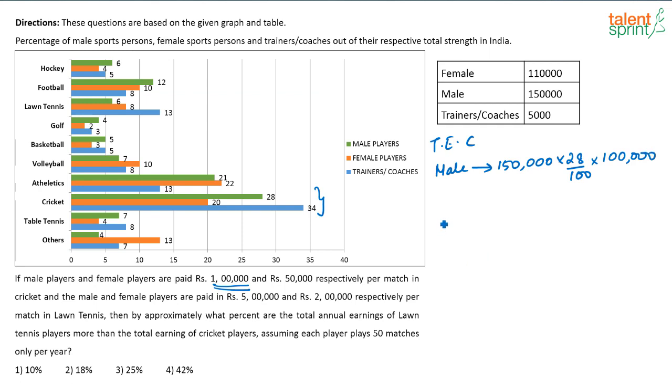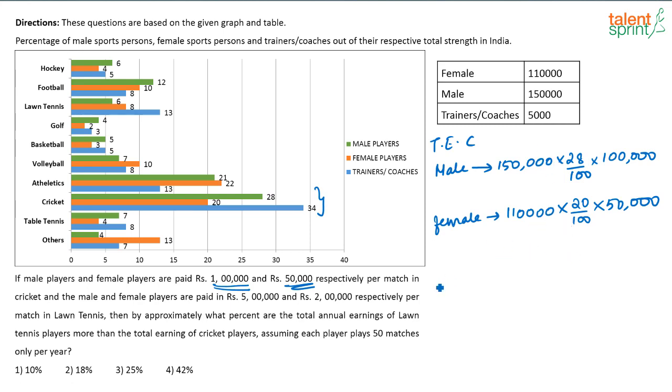Similarly, if you look at female players, how many female players are there who are playing cricket? 20%, correct? Out of this 20%, what is the salary that is got by each person? Each person is paid per match 50,000. Okay, so this will be the total earning of the male player and female player together.